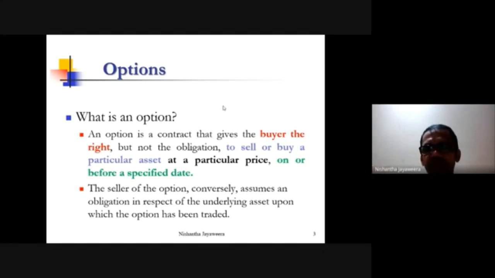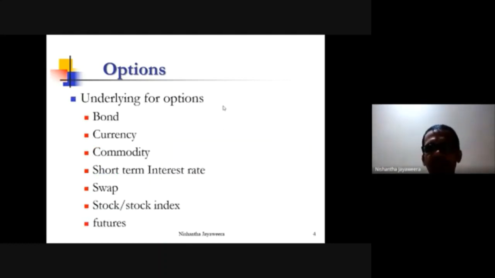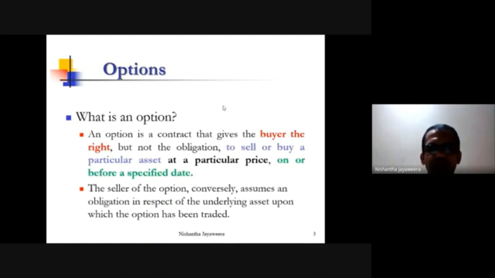The seller cannot say, no, I can't do it, unless certain conditions are met. Those conditions are specified in the contract. What are those conditions? We will get to know soon. So that's the basic nature: the buyer has a right, the seller has the obligation. The buyer has no obligation whatsoever.